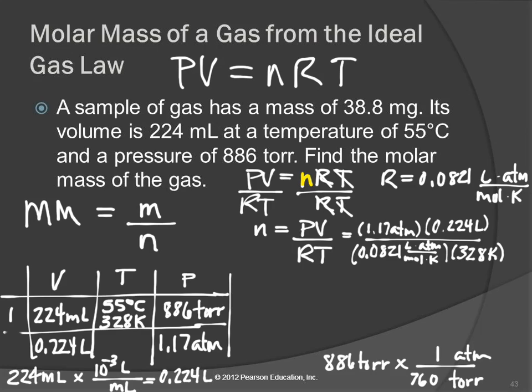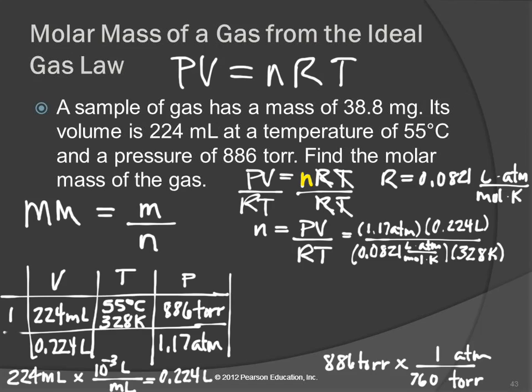Be careful when you do this on your calculator because there's two numbers in the denominator. If you want to multiply the 0.0821 times 328, then you have to put parentheses around them. So get your calculator out and do this with me and make sure you come up with the same answer.